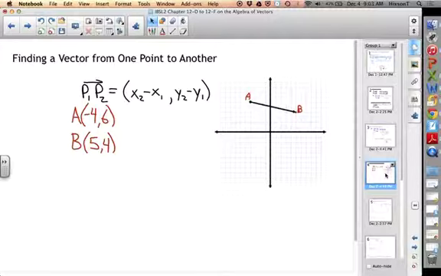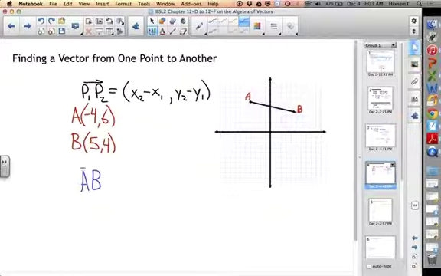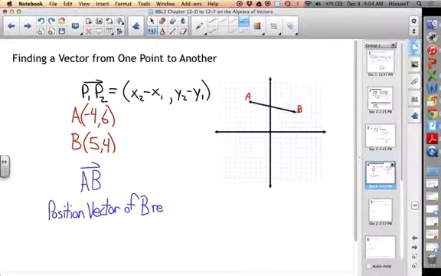If we're talking about vector AB, this would be the position vector of B relative to A. You'll see that terminology.